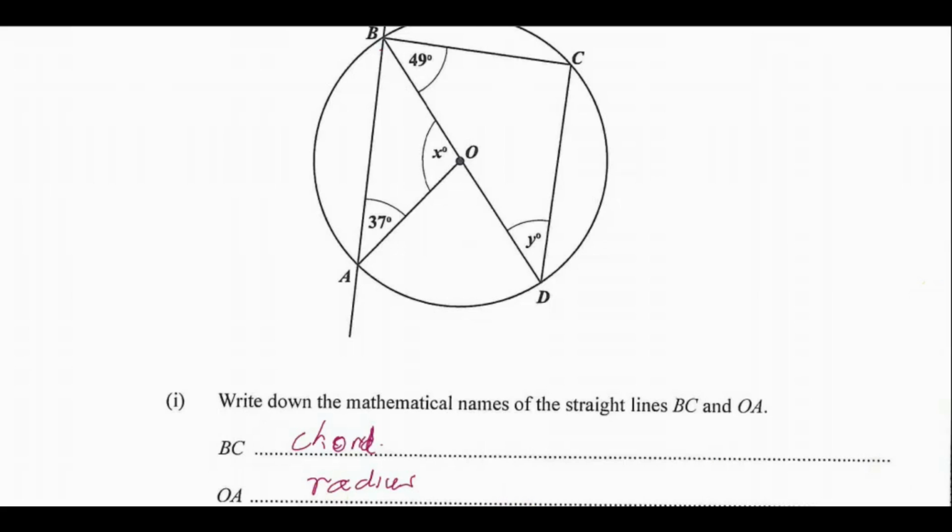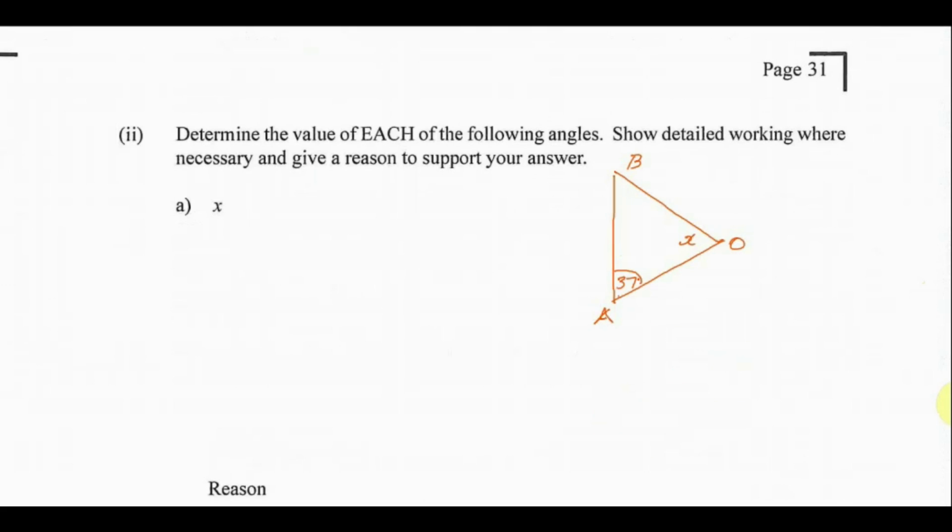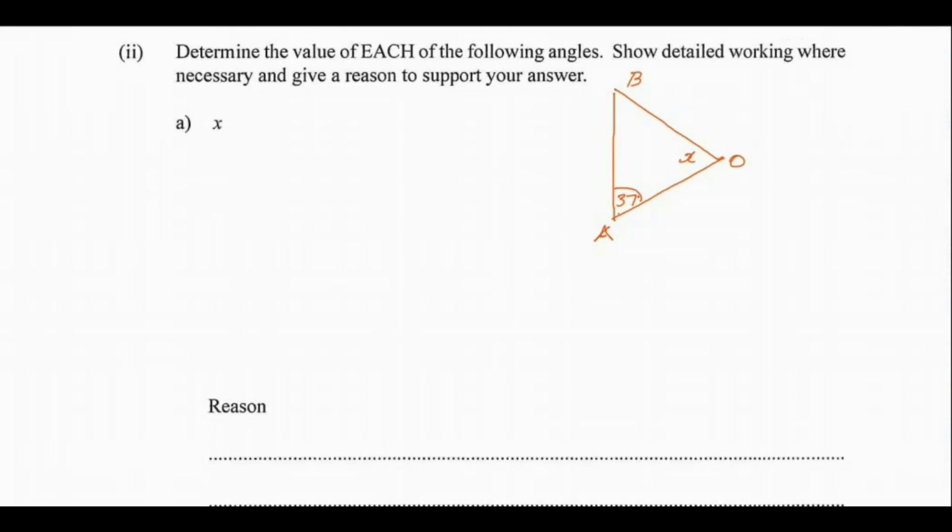Okay. We move on to the next part of the question. They said determine the value of each of the following angles. Show detailed working where necessary and give a reason to support your answer. Now what we have done here on the right is to take out the triangle pertinent to the angles we need to find.